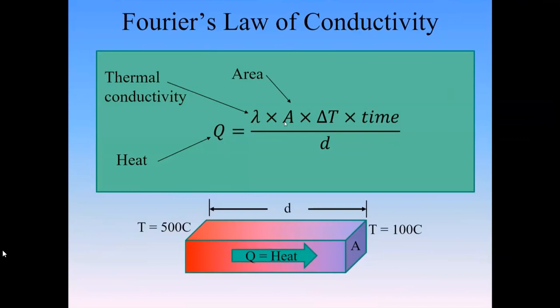How much area do I have where heat can move? What is my temperature difference? And what resists conduction is how much of a distance that heat has to move, or in other words, the material thickness. All of these things come into play when we talk about heat transfer with conductivity.